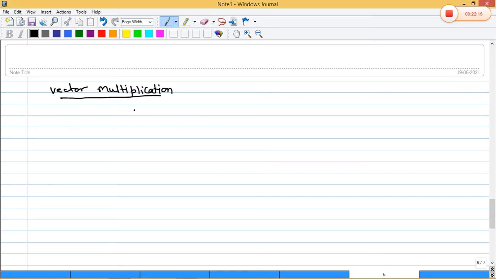First one is scalar or dot multiplication, sometimes called the dot product.